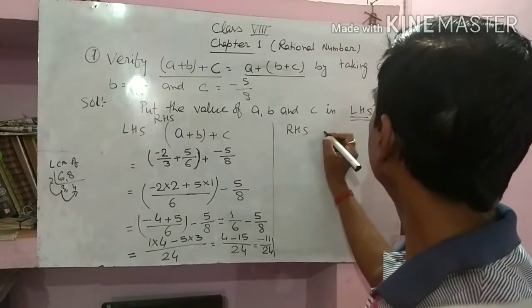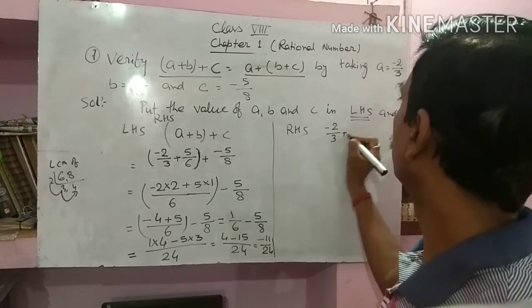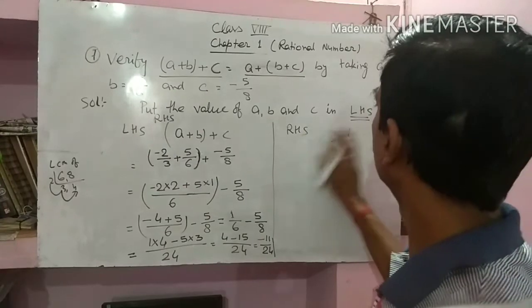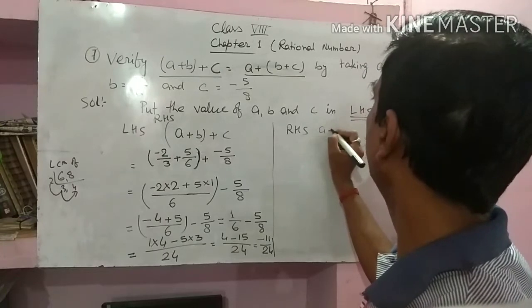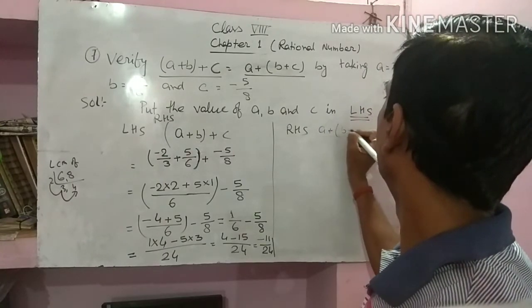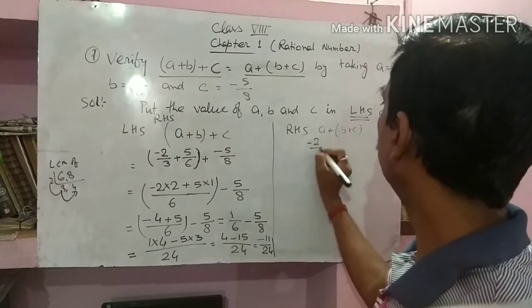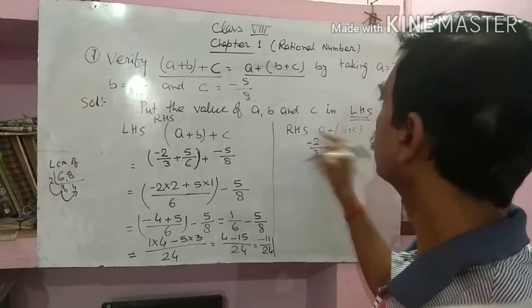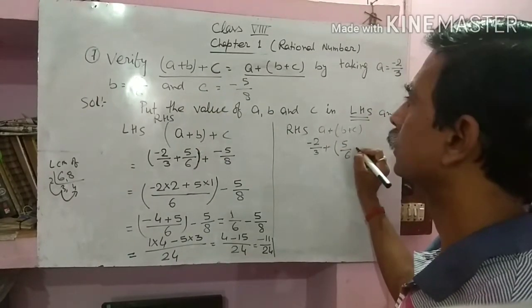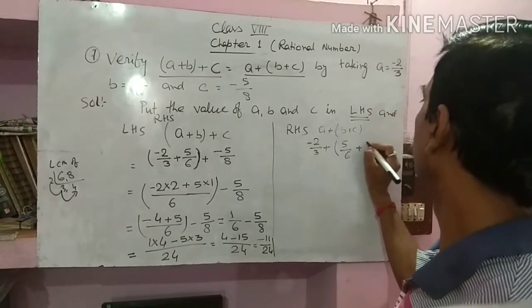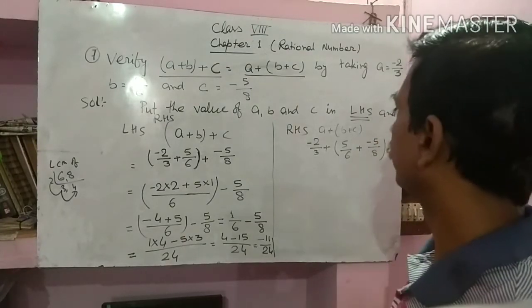Look here, the right hand side. The value of A is given, minus 2 by 3. I am just writing the format first: A plus B plus C. The value of A is minus 2 by 3, plus the value of B is 5 by 6, plus minus 5 by 8.